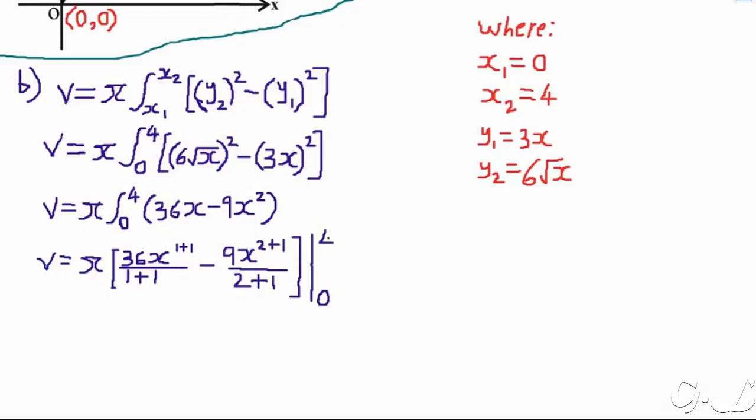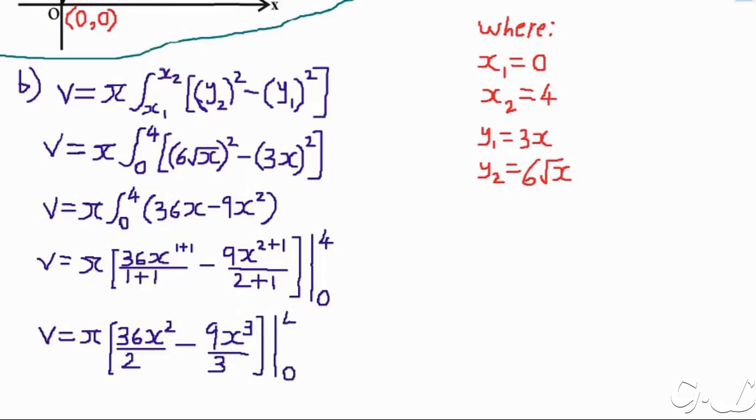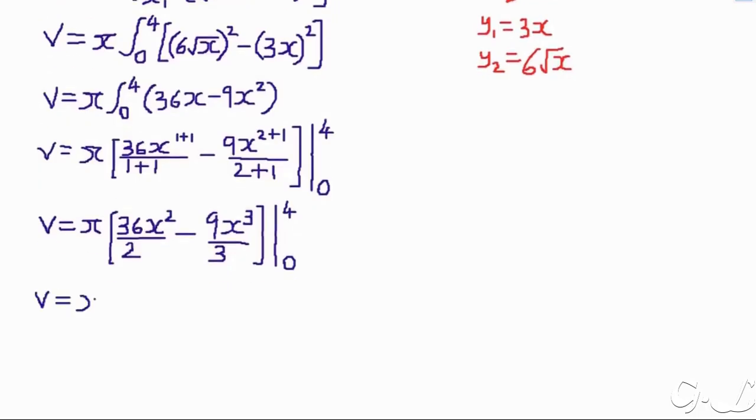Don't forget we have the limits 0 to 4. So V is equal to pi, and when you do the calculations, it will be 36x squared over 2 minus 9x cubed over 3 with the limits of 0 to 4. So V is equal to pi, open brackets, 18x squared minus 3x cubed with the limits 0 to 4, like that.